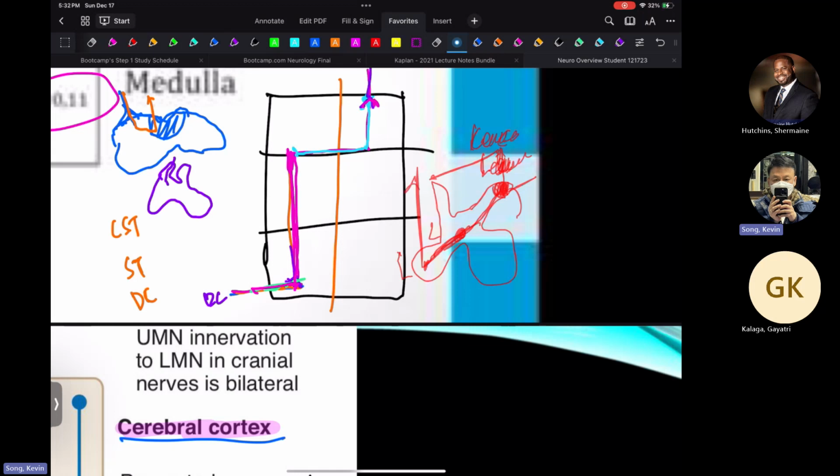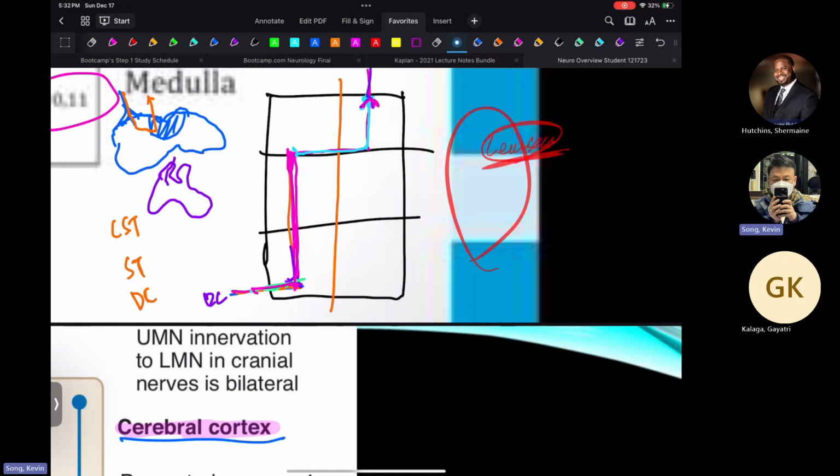But for exam purposes, although that's the reality, Lissauer's nucleus is not very clinically important. That's why many neuro books and exam questions don't even look at it. So just think that as soon as it enters, it crosses the midline near the white commissure or the central canal, and then goes up.